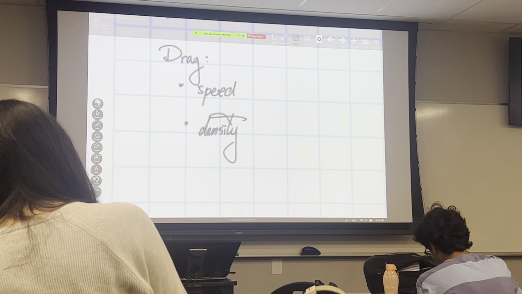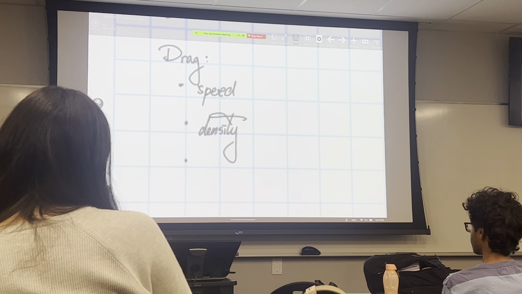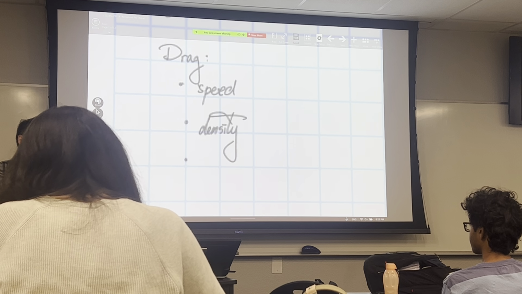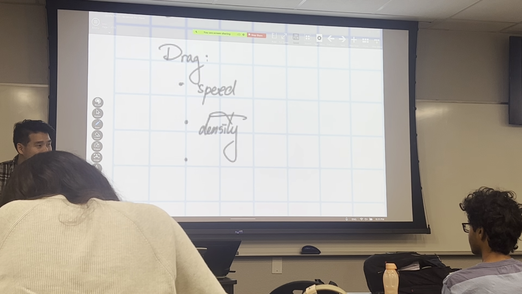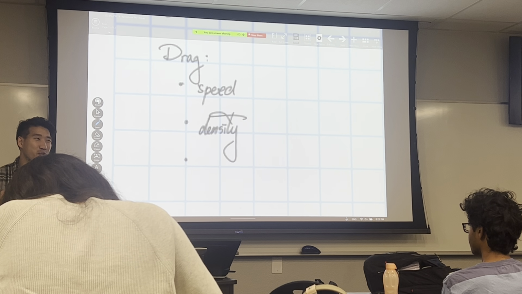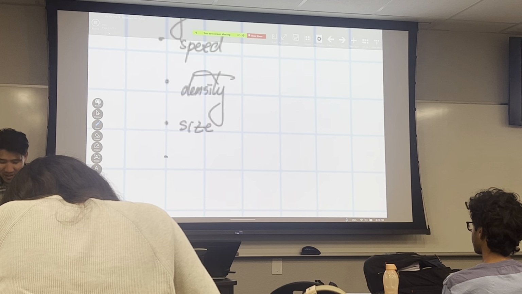The surface area of the object that's in contact with the fluid. Okay, size, but it's not necessarily surface area. In a very fundamental sense, yes, that is correct. However, in the model that we're trying to construct, there is a different way we actually consider it: we break the surface area down into two different parts. One is the size, and the other one is the shape.